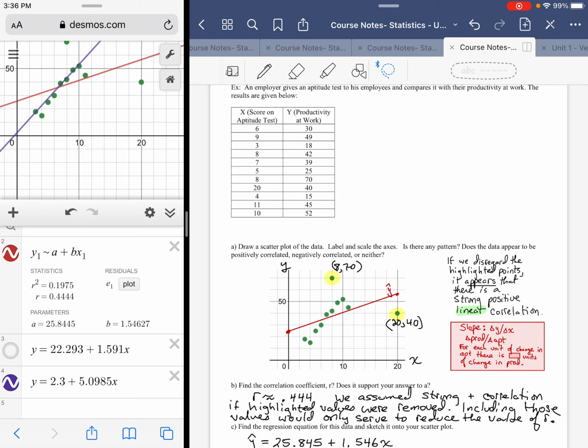On the other hand, that aptitude score of 20 is an individual that didn't appear to live up to the expectations any more than a person who performed half as well. That 40, yes, it's higher than most, but it's not high enough to explain the aptitude score of 20.